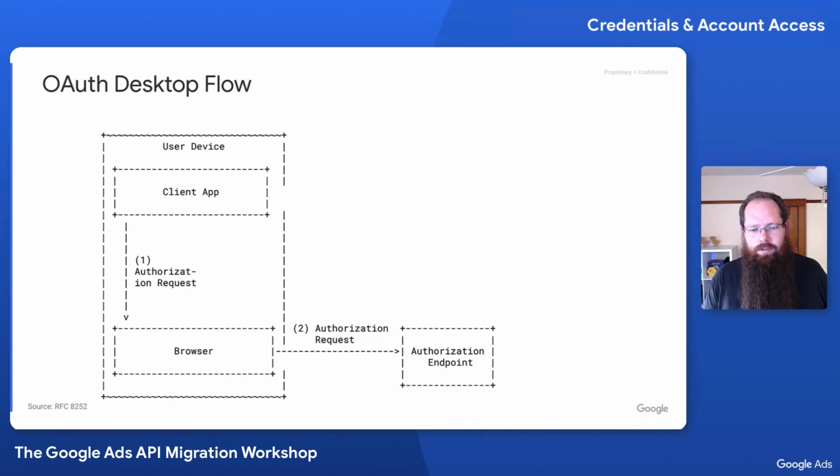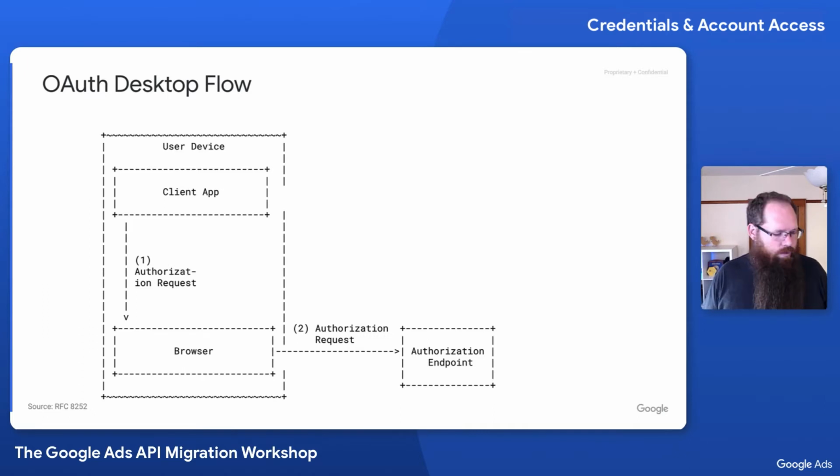Additionally, it will list the different OAuth scopes that the client app is requesting access to. Google Ads API would be one scope. Reading Gmail is another scope. Getting the user's email address is another scope. So a scope is essentially a bucket of data that you want the client app to be able to access.